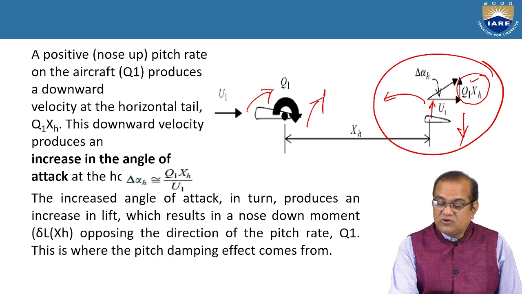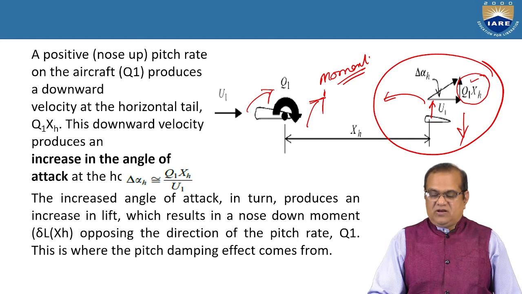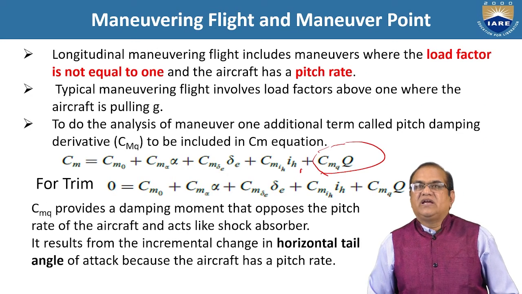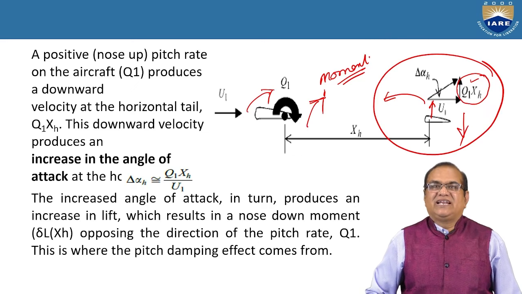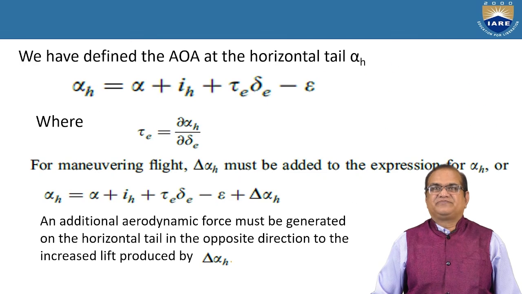This is trying to damp this moment. Okay, so that is the purpose of this damping, or the horizontal tail, and this damping, CMQ, acts like a damper.